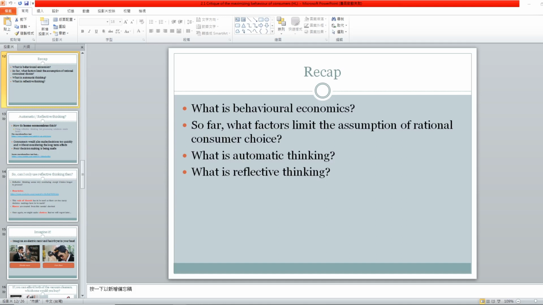Well, some said this test is even more objective than the IQ test that you would do at a certain age. That's very interesting. And so if you have to use the marshmallow test to explain automatic and reflective thinking, how are you going to explain it?